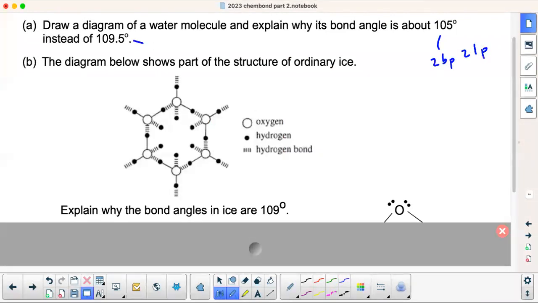But if it's 109.5, it's like 4 bond pairs. So you see, draw, so that's the thing I answer. Why is the water molecule bond angle 105 and not 109.5? You must apply your VSEPR theory to explain the smaller bond angle.